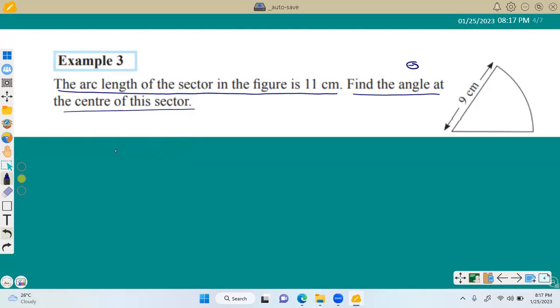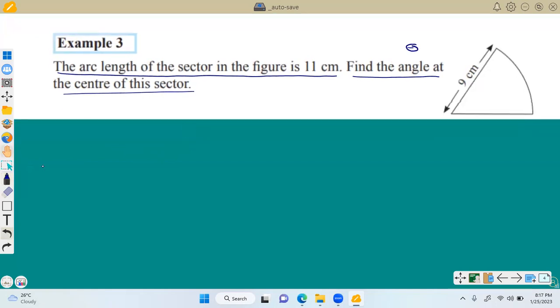We apply the same formula that we use to find the arc length. This arc length is equal to theta upon 360 multiplied by 2πr. Now the arc length we know is 11.